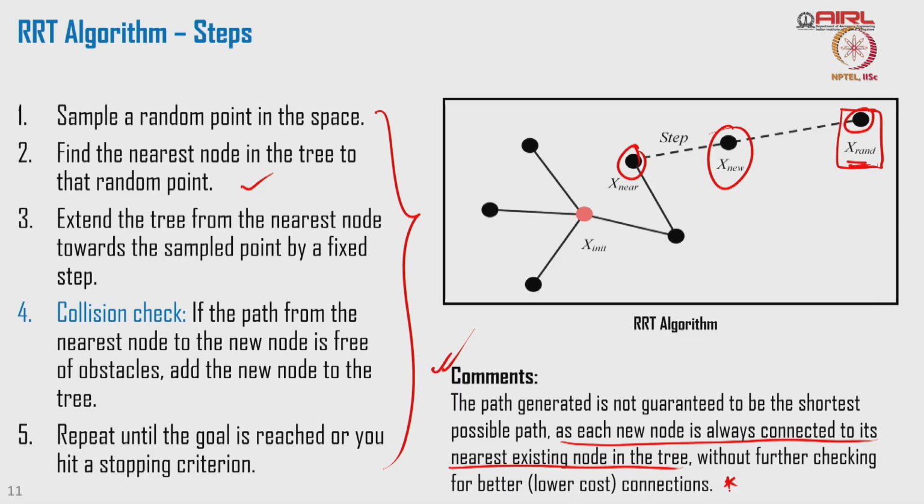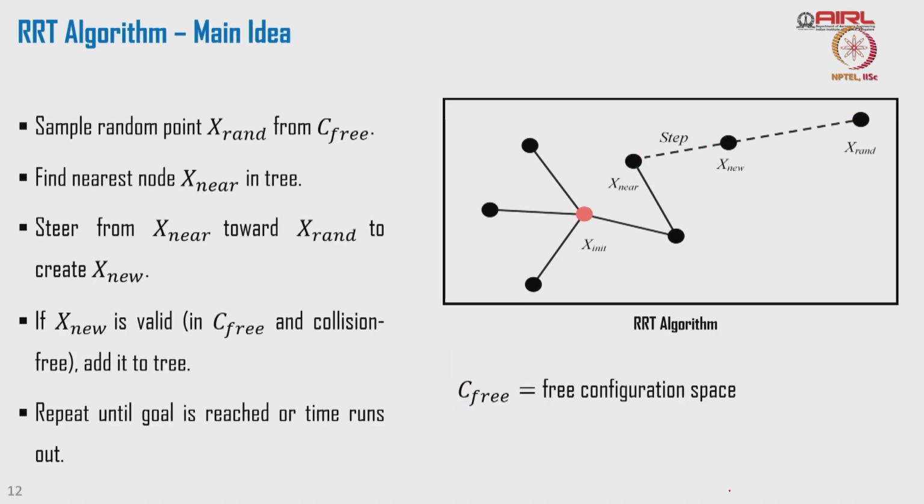Fine. So, what do we see here? Sample the random point x rand in the configuration space, denoted as C free. Now, it finds the nearest node x near in the existing tree towards x rand to create a new node x new. If x new is valid, what does that mean?